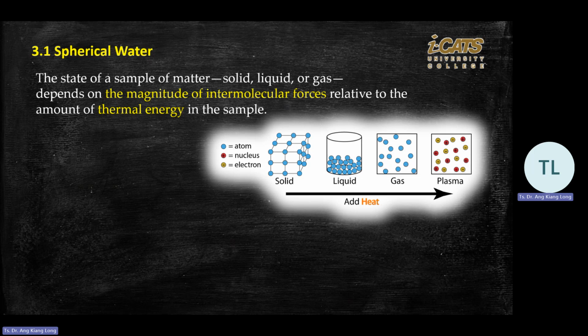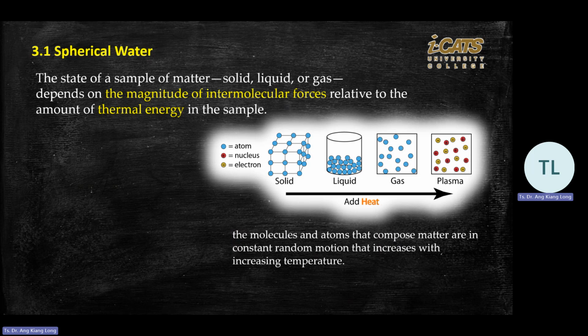And if you add heat, it will start to vibrate, and they will hit each other, and there's a space between the gas. And if we give additional heat to the gases, the molecules will break into ions. The rest you read. If something is related to thermal energy, it means it is related to temperature.